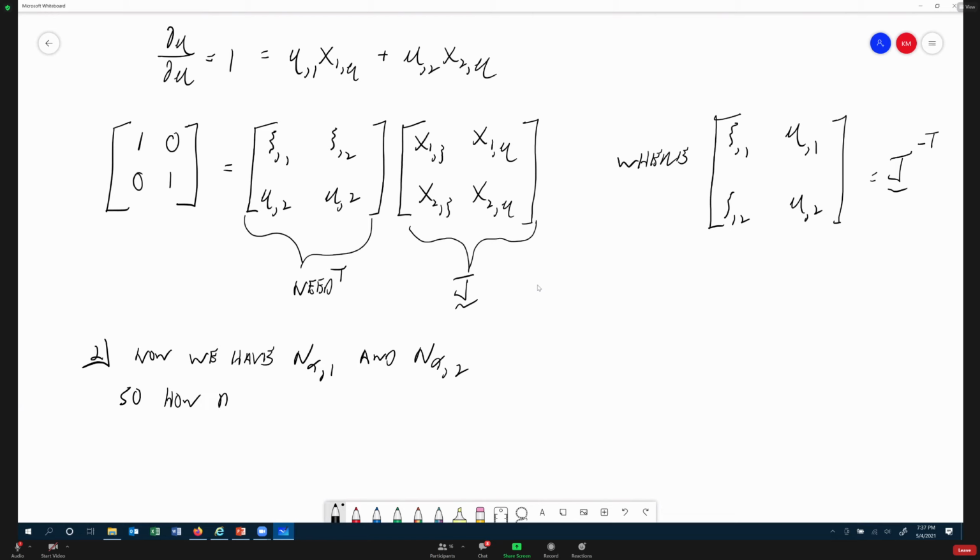So how do we evaluate the integral of omega m, and this is just some function f of x1 comma x2 dv?